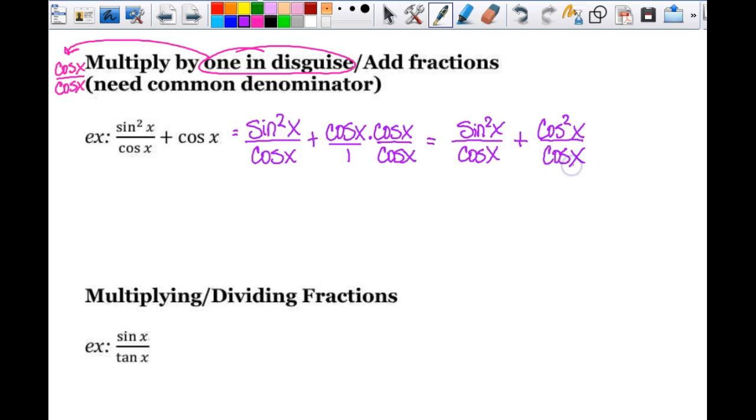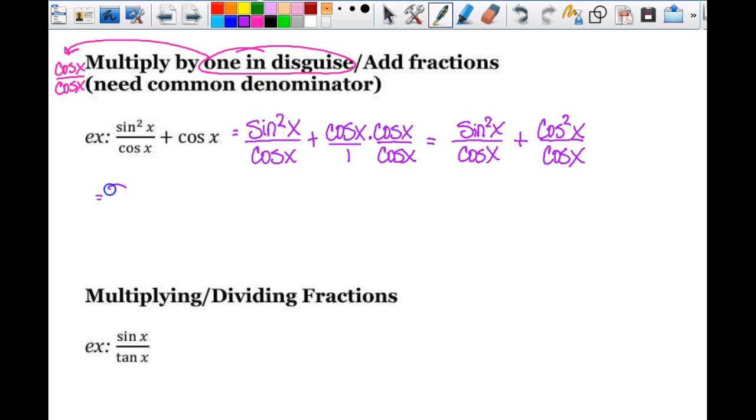Now when you do something like this, especially if it's within something else and there's a lot going on, don't look at it and go, oh look, I can reduce this and reduce that, because then you're back where you started from and you're just in this vicious circle of weirdness that happens sometimes when you're doing things that look odd. So the whole reason we did this was to get a common denominator.